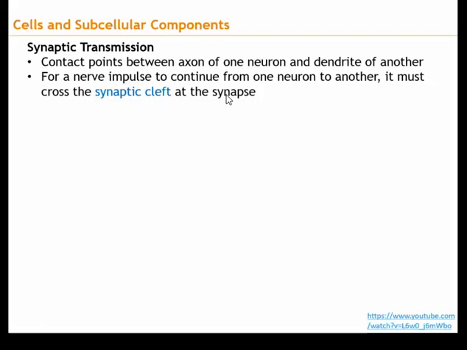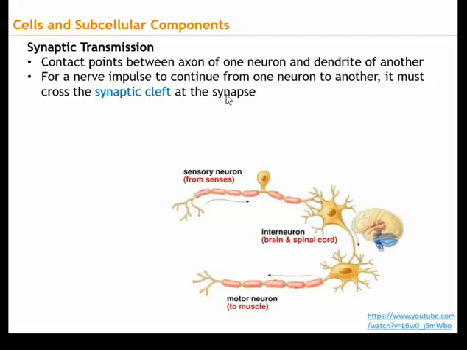Before we get into the details of that, let's talk about the different types of neurons that we have. First we have sensory neurons, which I mentioned, which is from our senses. It carries messages from our periphery to the central nervous system. Let's give an example.